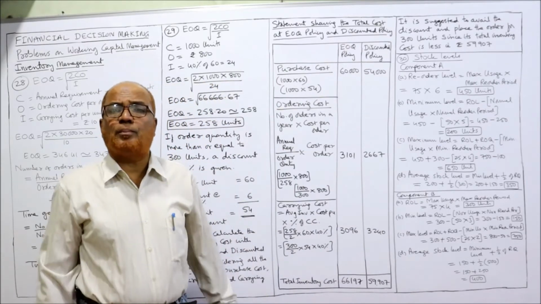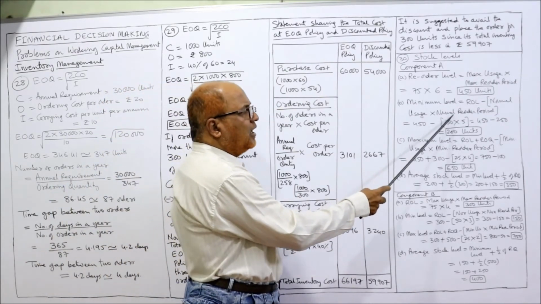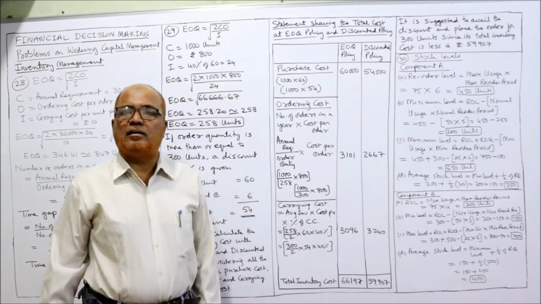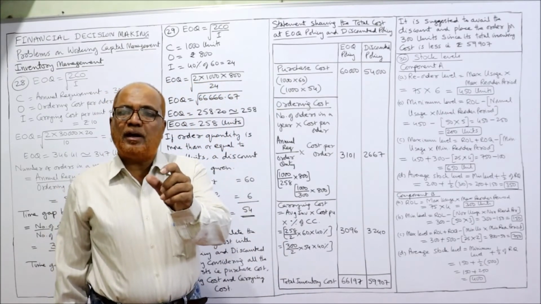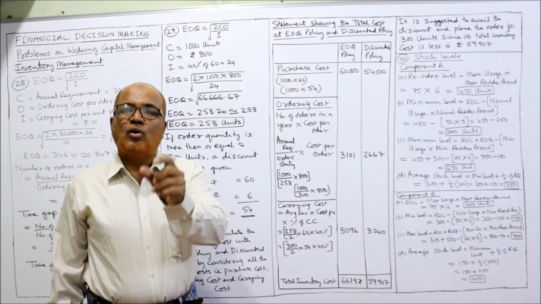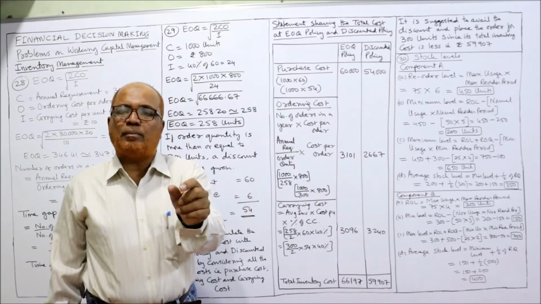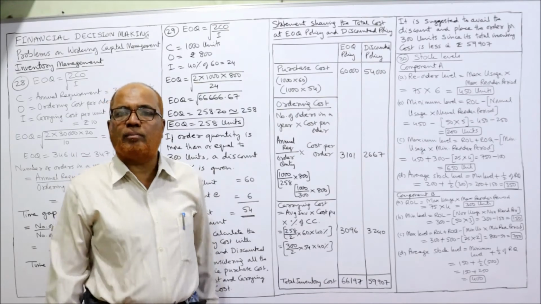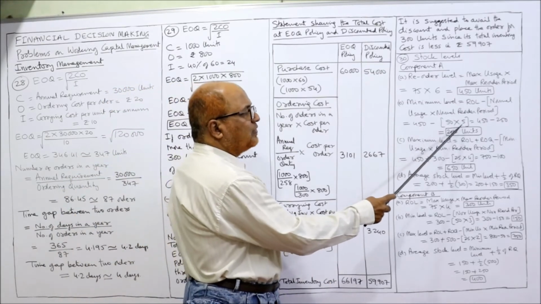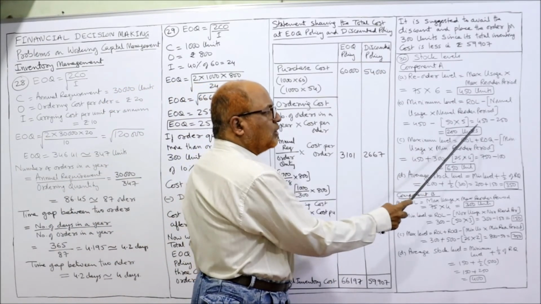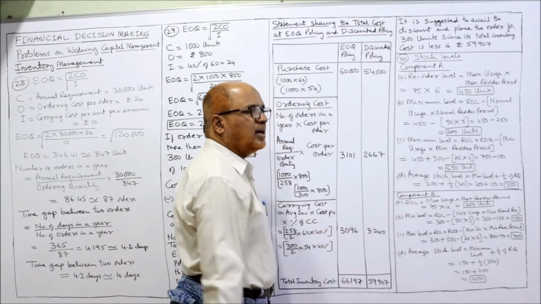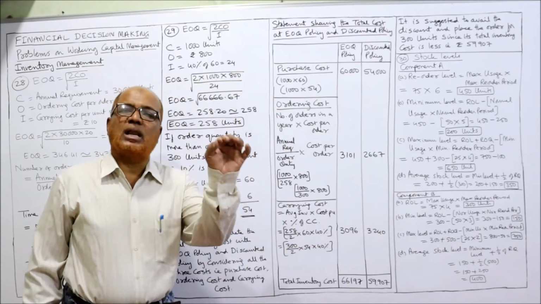Normal usage is given in the problem, 50 units, into normal reorder period. The normal reorder period is not given. We have to calculate 4 to 6 weeks. So 4 plus 6 divided by 2, 5 weeks is the normal reorder period. So 50 into 5 is 250. So 450 minus 250, 200 units is the minimum stock level.